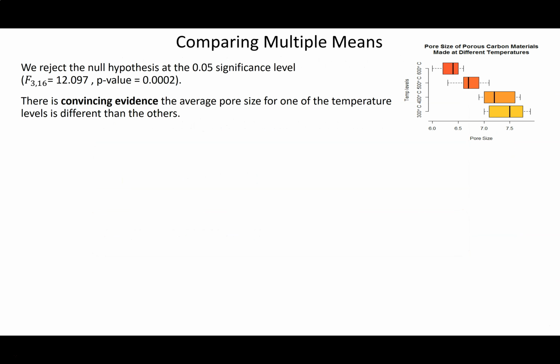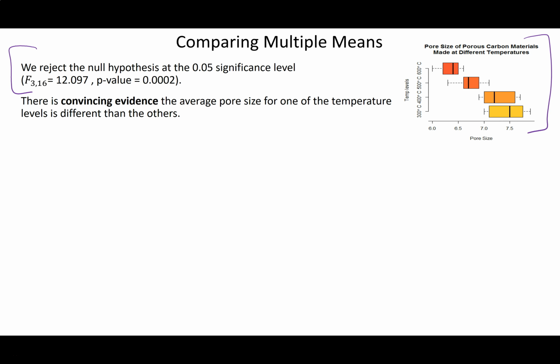So in lessons 31 through 32, we used this example where we were looking at carbon materials. We had 4 different temperature treatments, 300, 400, 500, and 600 degrees Celsius. We looked at 5 specimens at each temperature level and measured the pore size. So we went ahead, we rejected the null hypothesis at the 0.05 significance level.